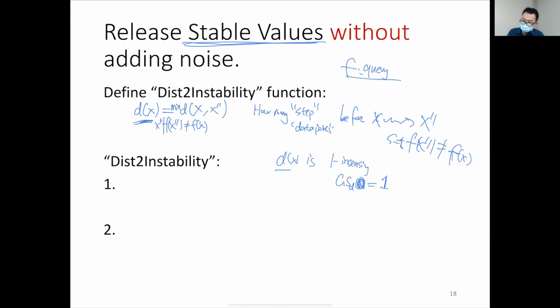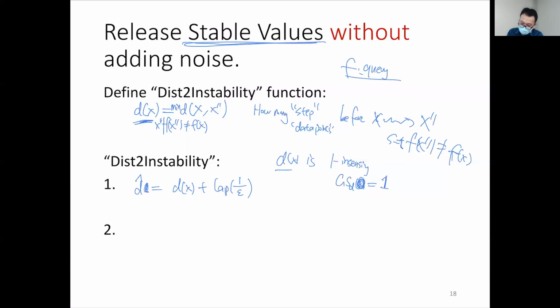Okay, so the mechanism will do the following. First, let's add noise to this distance to instability. So d hat is equal to d of x plus the Laplace noise with scale 1 over epsilon. Okay, so that's the first step.